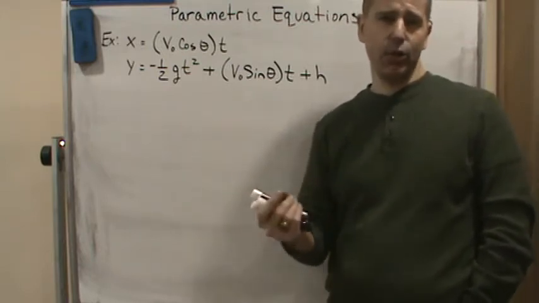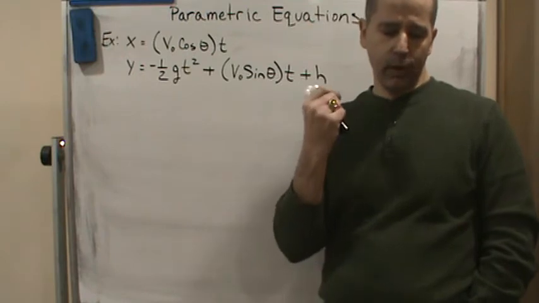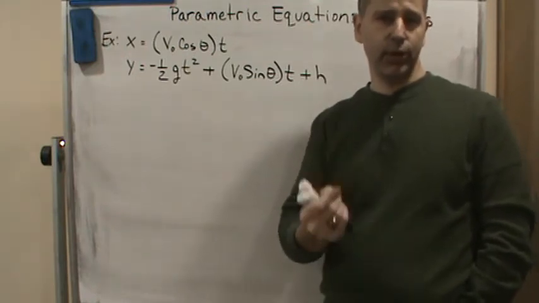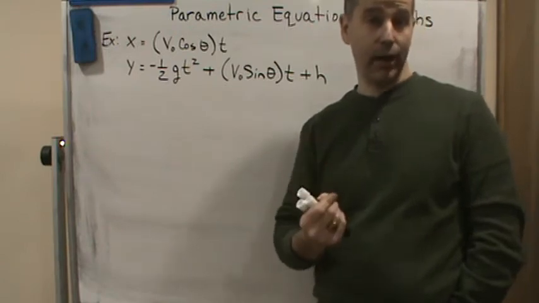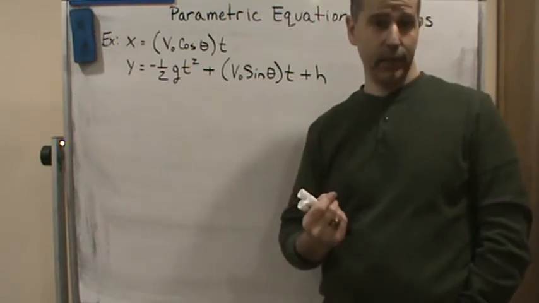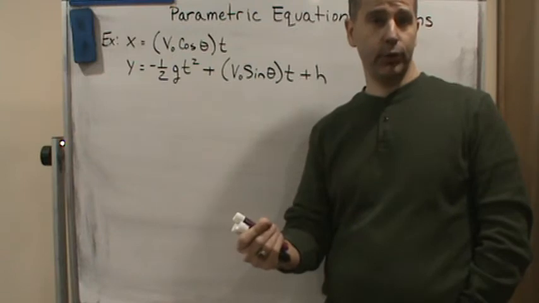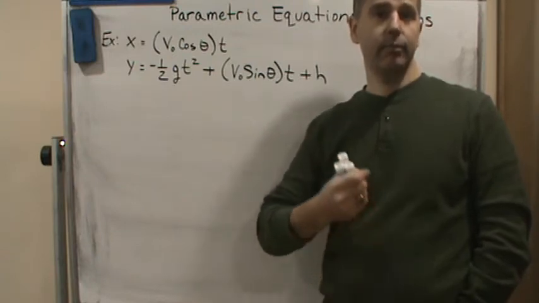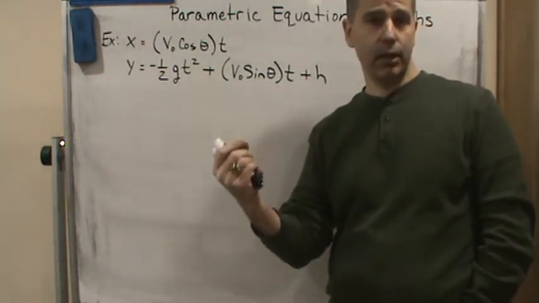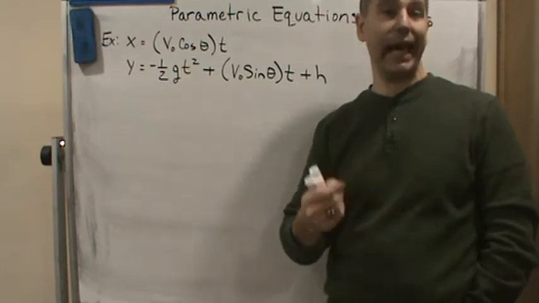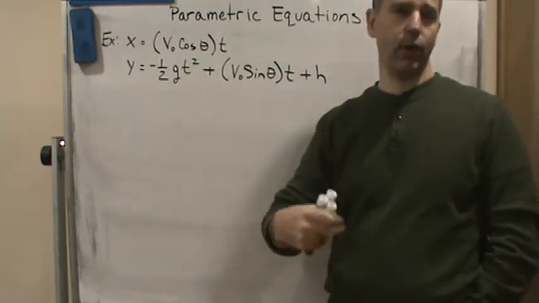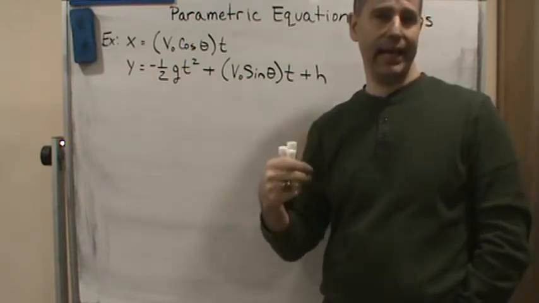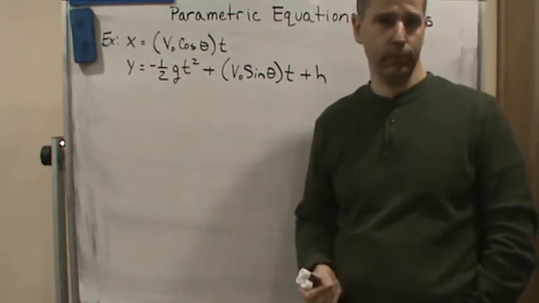Or let's say you want to look at the curve that the ball makes, the trajectory of the ball, when it leaves the bat, when the batter hits it, knowing the angle of trajectory. With parametric equations, we can not only plot the curve, the trajectory of the ball, but we can also say where the ball was at any time along the curve, okay?